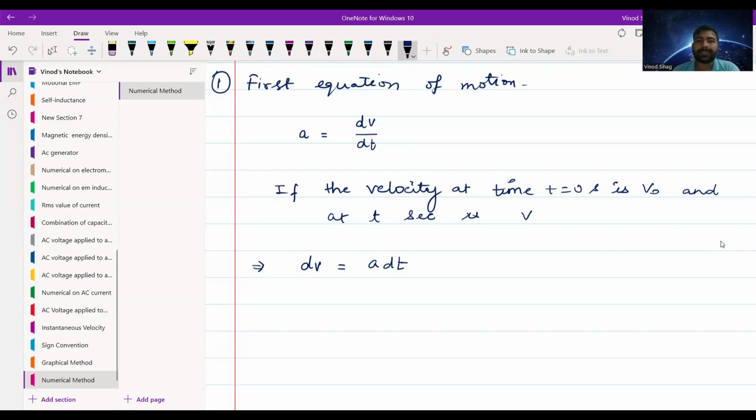But the acceleration needs to be constant, then only we can say that it will be a uniform accelerated motion. So since we are studying here uniform accelerated motion in 1D, we have to assume that the acceleration is constant. Here, a equals acceleration and it is constant.